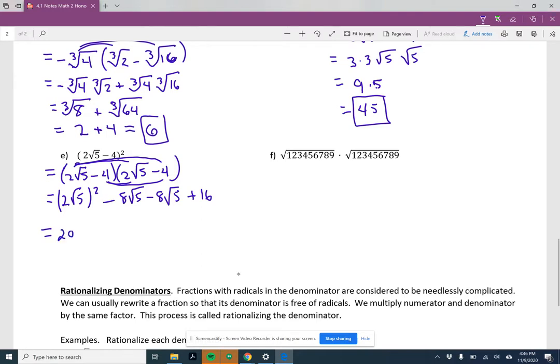So that's a 20, because that's 4 times 5. Minus 16 square roots of 5. And then plus 16. Notice how I did that one? Square the 2, square the square root of 5. 20 plus 16 is 36, and then minus 16 square roots of 5. And we are done.